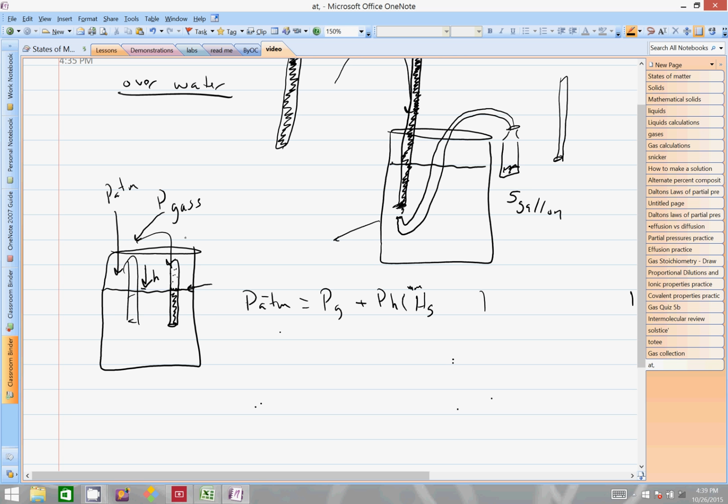Either way, because the height is 0, this term is now gone. Okay? And the pressure of the atmosphere equals the pressure of the gas. Okay? That is pretty common for any lab procedure we might do.